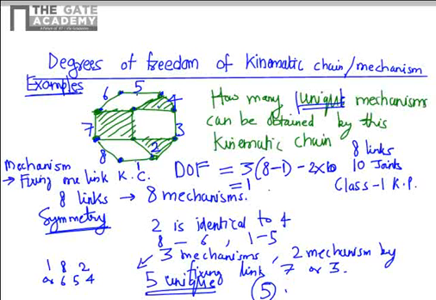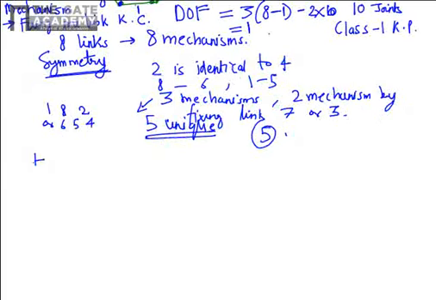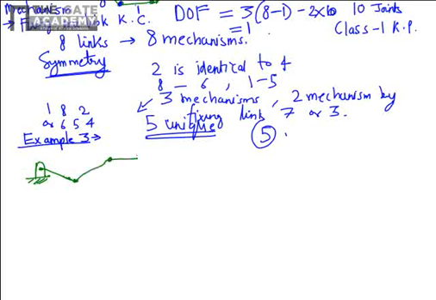We'll take up one more example. I'll just sketch the mechanism for you. The mechanism shown here has a special thing in this question, that a CAM mechanism is involved.